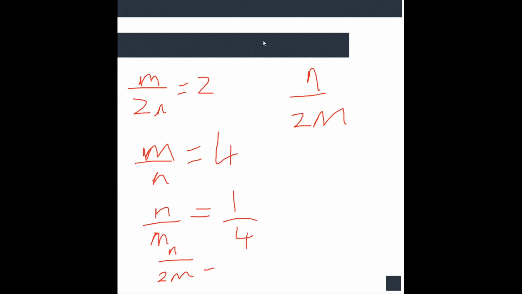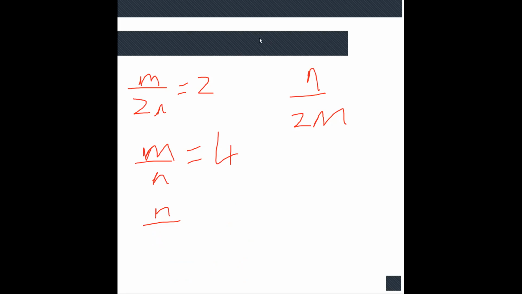No, it's the one that changes course even earlier. So m over n is equal to 4. This means m is equal to 4n.